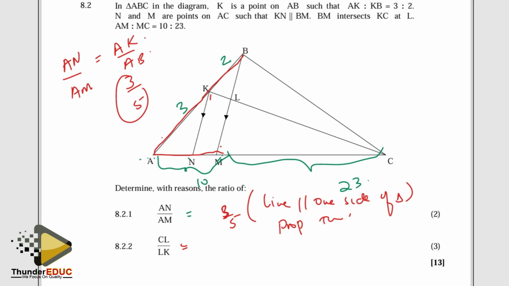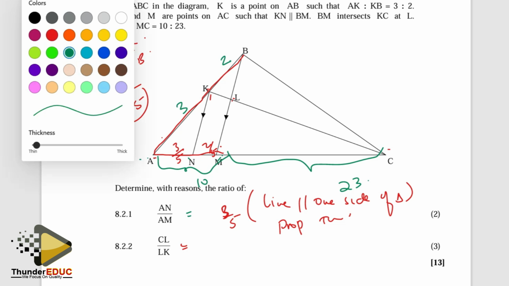So 3 over 5. Then CL to LK. We said AN is 3 over 5, which means this is going to be 2 over 5. Now, if this is a 10, you just want to analyze it in that format.